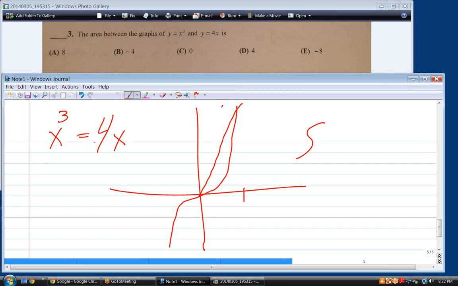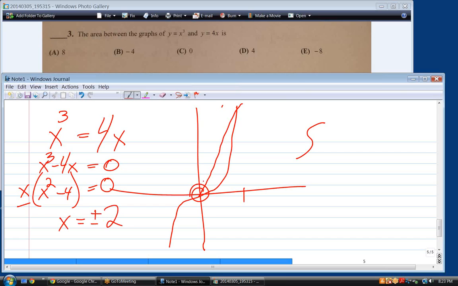The proper way to solve it is not to divide both sides by x, because you lose the 0 solution. And we can see that there's a 0 solution right there. To do it right, you subtract 4x from both sides. Then you factor out the x. That should be 2. So there's one solution, and then the other solution is plus or minus 2, because if I continue that curve down, it also does that.